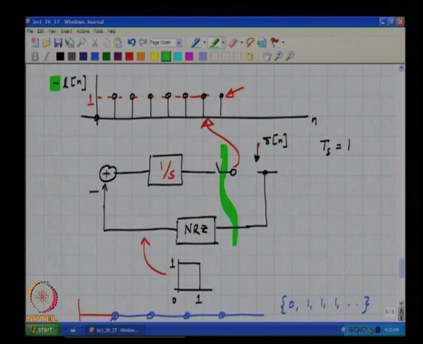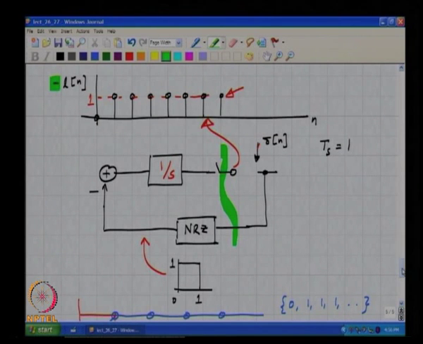So, since the input sequence delta of n and the output sequence coming out of the loop filter after it has gone through the loop are identical to the discrete time case, it must follow that the noise transfer function when I close a loop like this must be 1 minus Z inverse, because as far as the loop is concerned, it does not know that all this integration is being done in continuous time and is sampling the output of the continuous time filter rather than taking the samples and actually integrating them in discrete time.